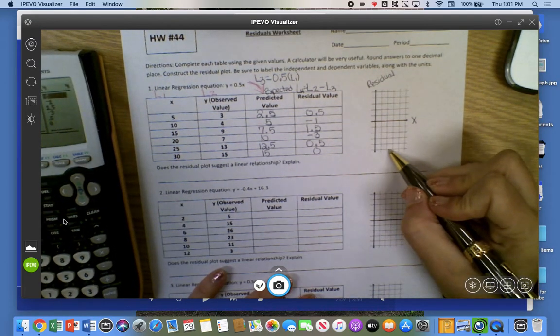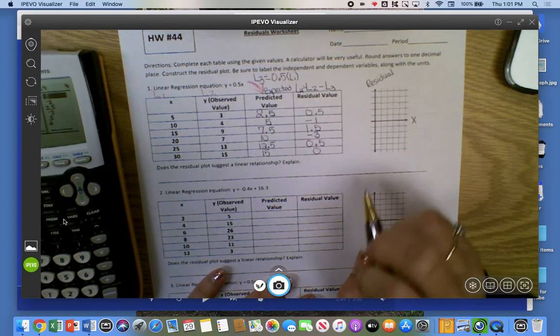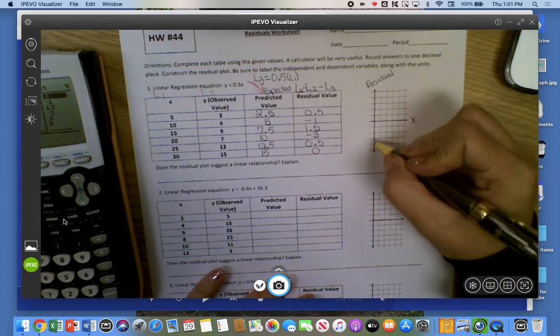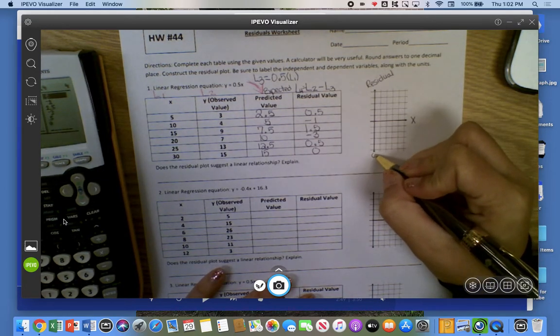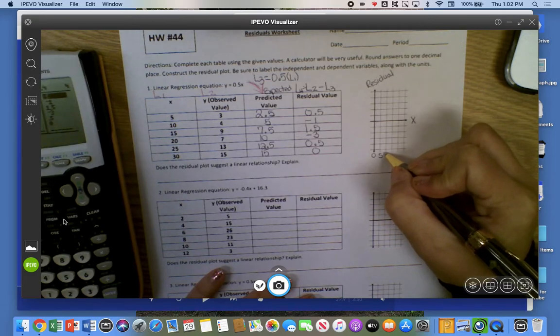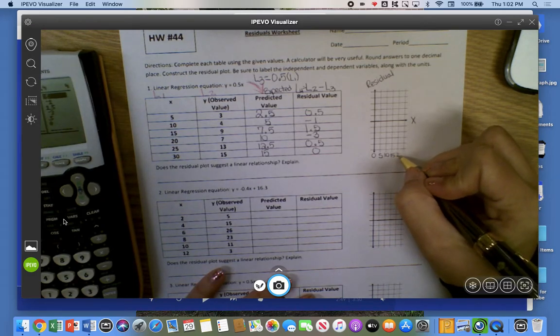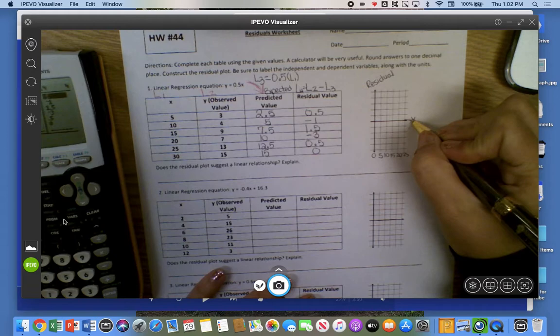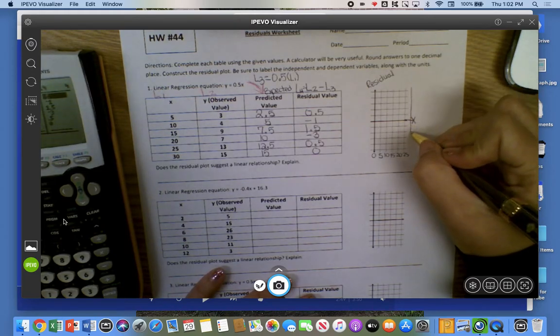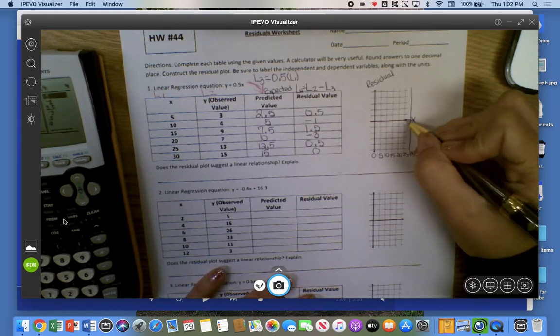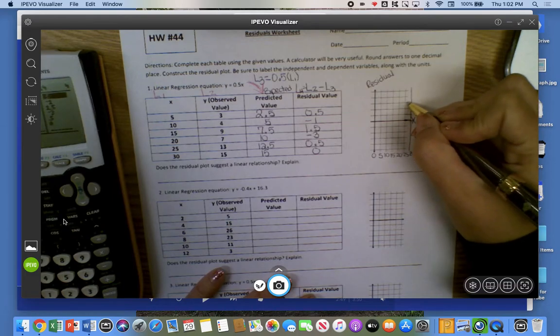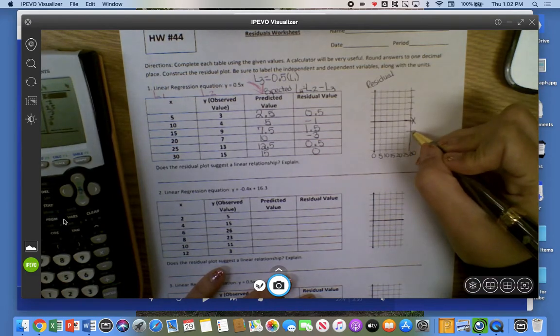So 5, 10, 15, 20, 25. Right here is when x is 0, and I'm going to count by 5s. Then I'm going to extend out a little bit so we can have x is 30.